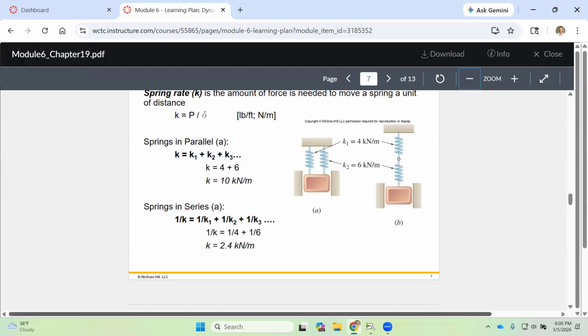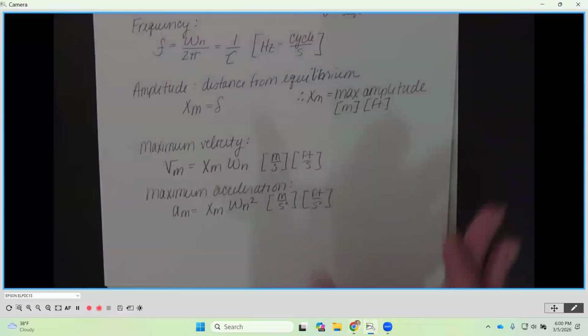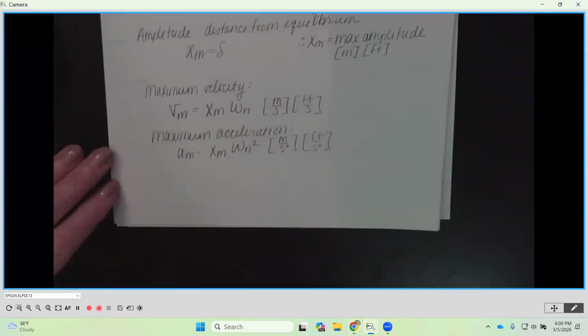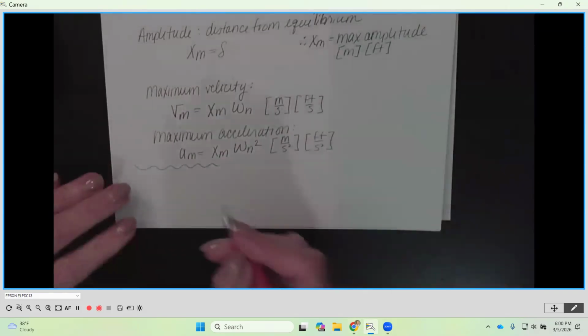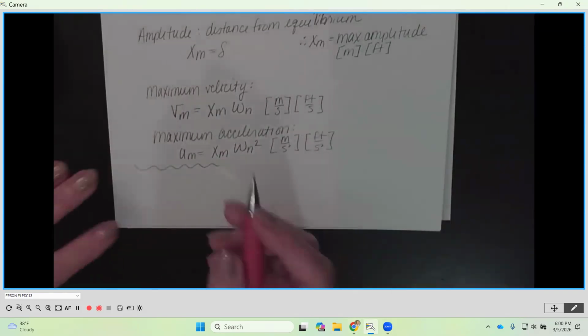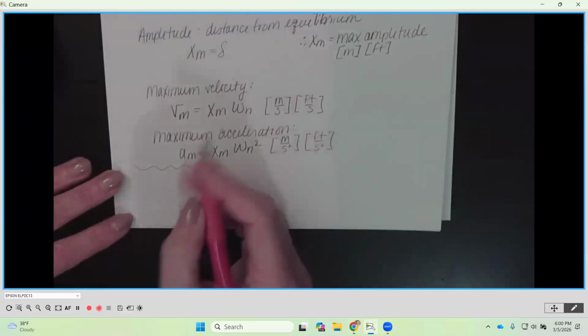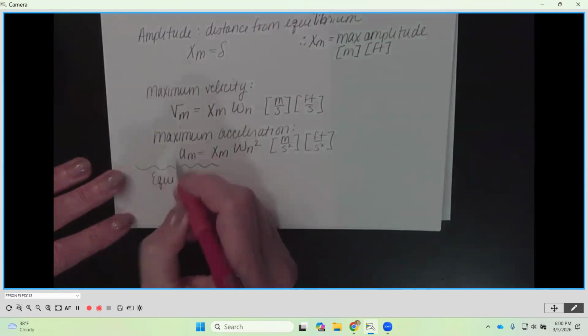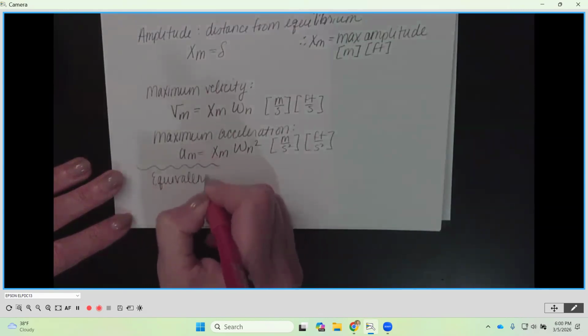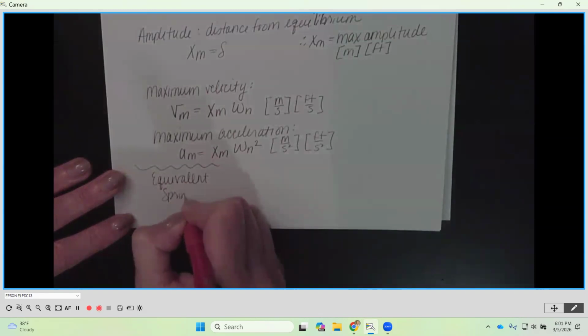So let's add these two items at the bottom of our equation sheet, and then this will complete it. I'm going to write a little wavy line here because this is a bit different subject than the items above, so I'm separating it out. I'm calling this the equivalent spring rate.